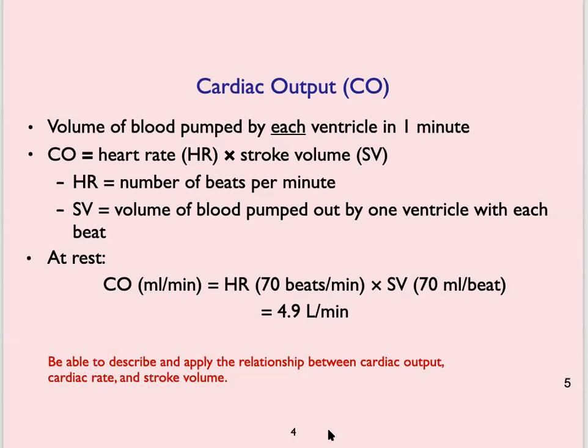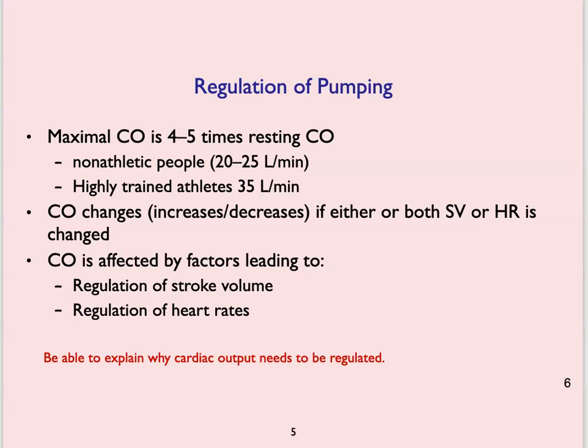At rest, on average, your heart pumps about 5 liters of blood per minute. The maximal cardiac output, or maximal volume of blood ejected by your heart in 1 minute, is usually 4 to 5 times the resting cardiac output.